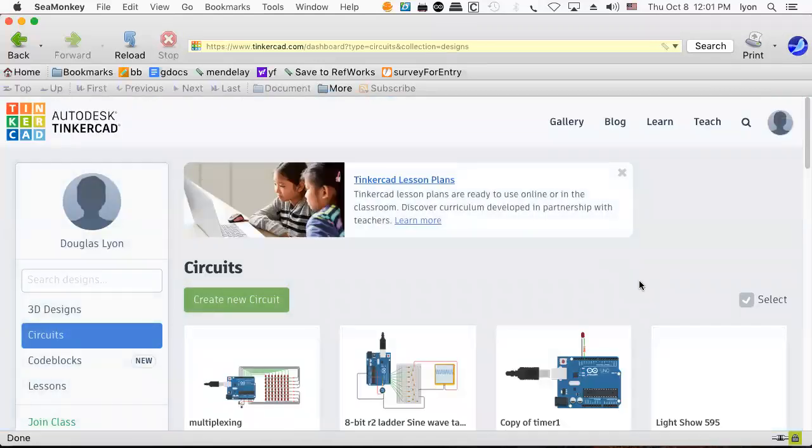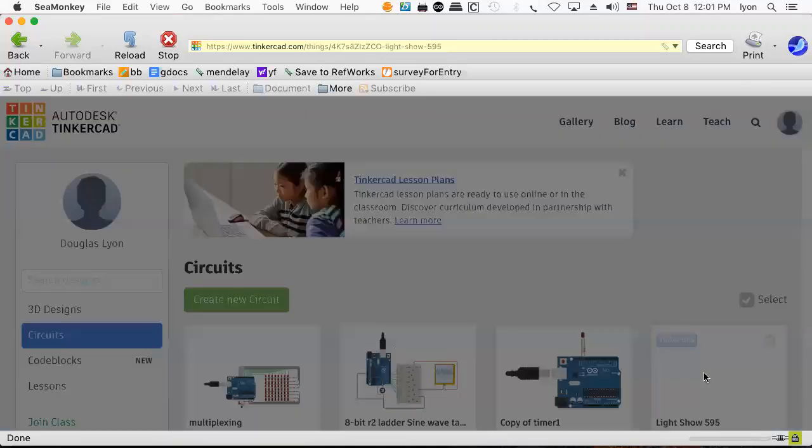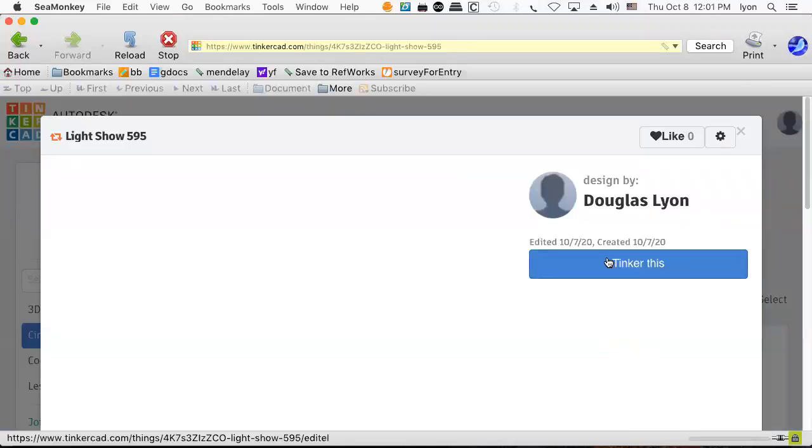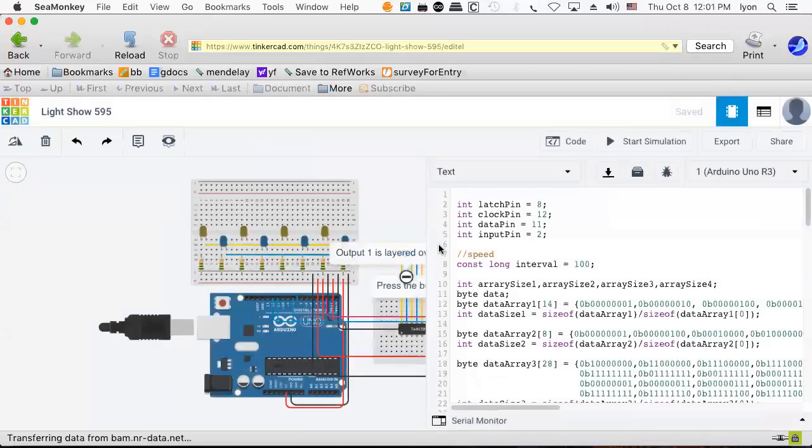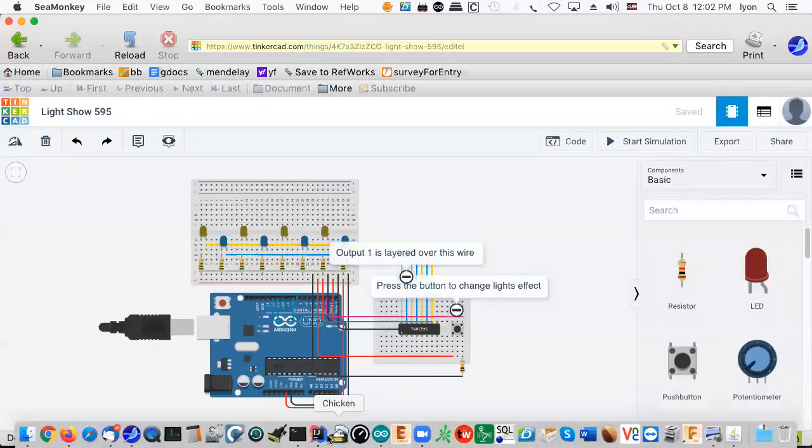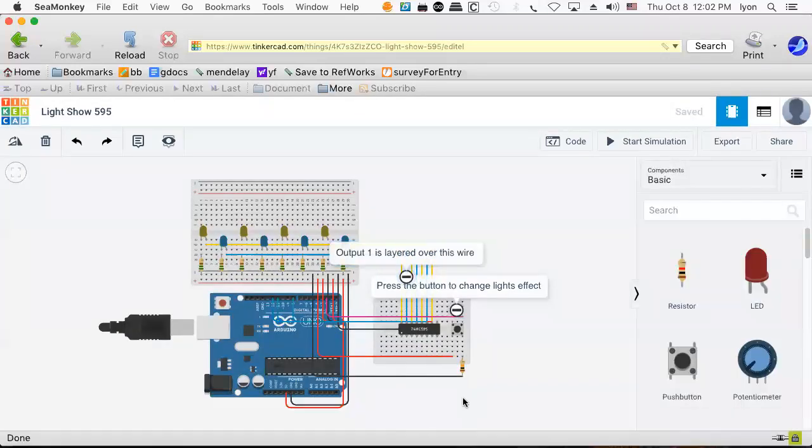So this is a 74HC595 8-bit shift register. And what this does is it hangs on to a data input and a serial clock input.